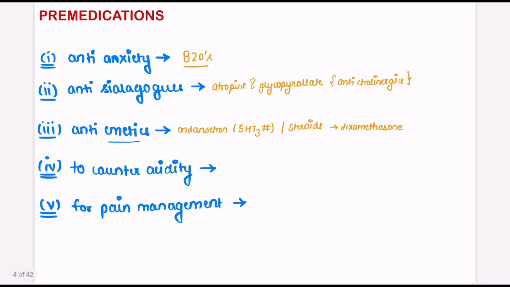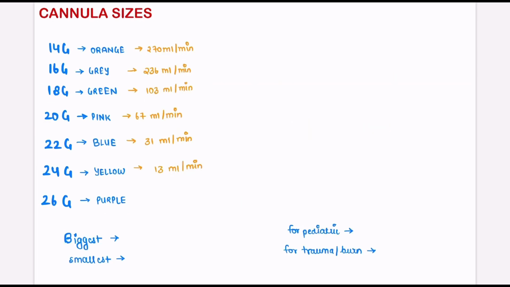To counter acidity, we give PPIs, for example, pantoprazole, rabeprazole, and we can give H2 blockers like ranitidine, cimetidine. For pain management, we give opioids.